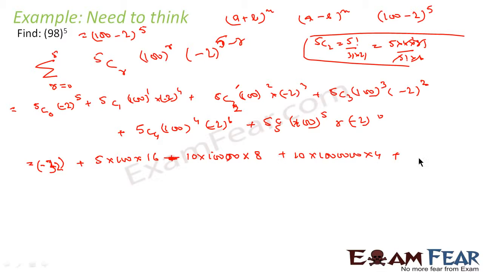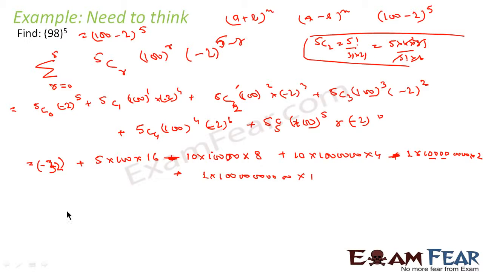Plus 5C4 is equal to 5 into 100 to the power 4 into minus 2 to the power 1, so we'll say minus here. And plus 5C5 is equal to 1, 100 to the power 5 into minus 2 to the power 0, equal to 1.